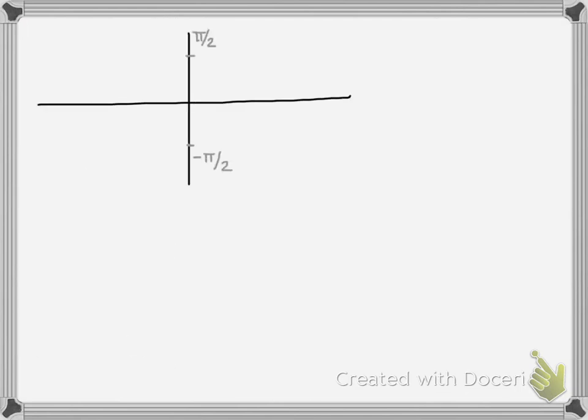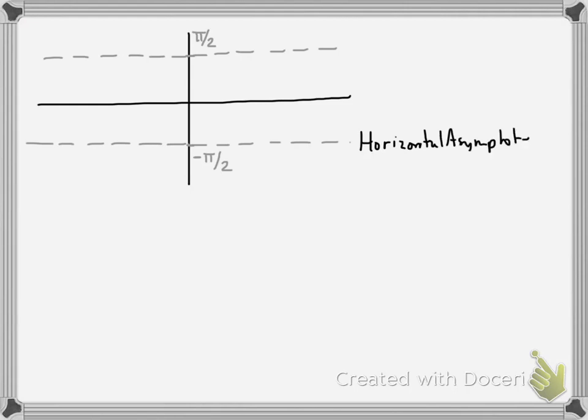Okay, so I'm again redrawing this picture on the new page, and we have our horizontal asymptotes, and I'm going to label them on this picture. I've got a horizontal asymptote of y equals negative pi over 2, and another horizontal asymptote of y is equal to pi over 2.